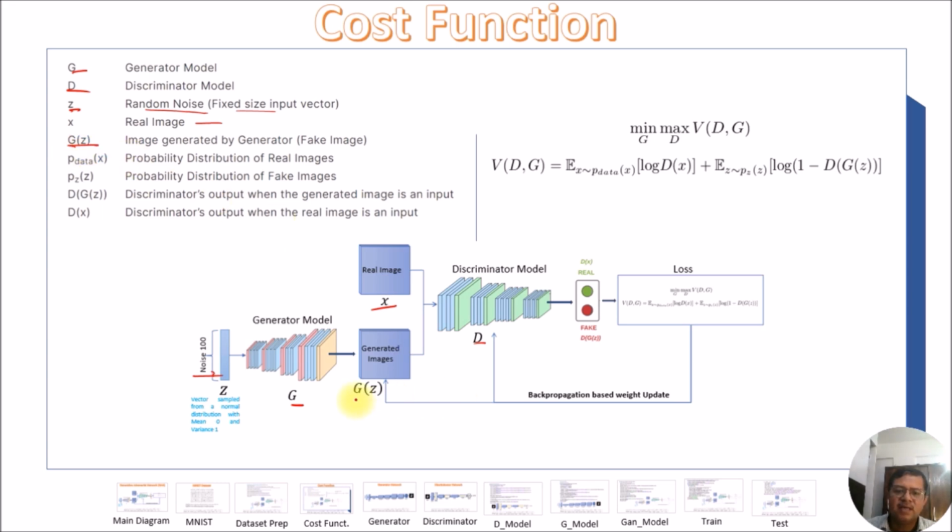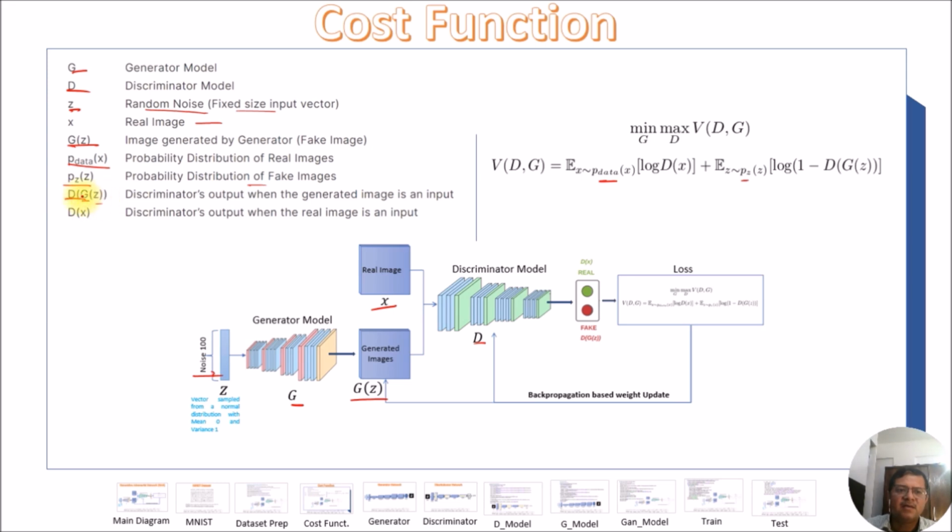G(z) is the generated image when we feed the noisy data to the generator model. P_data(x) is the probability distribution of real images, and P_z(z) is the probability distribution of the noise input used to generate fake images.